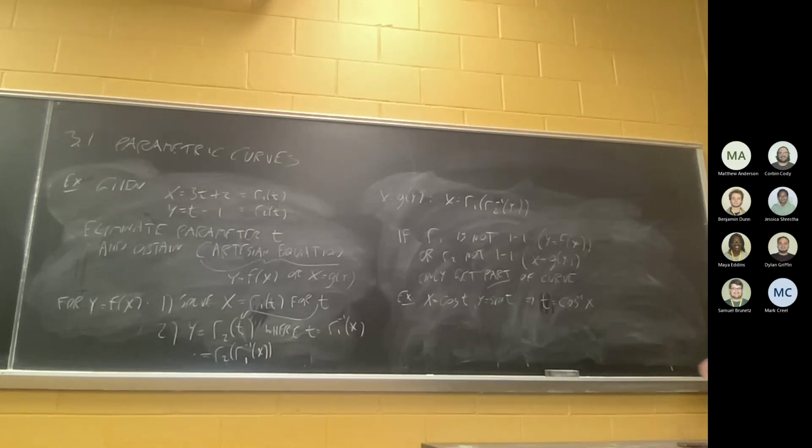But this is only 1-to-1 for x going from -1 to 1, and t going from 0 to pi, because 0 to pi is the range of inverse cosine.